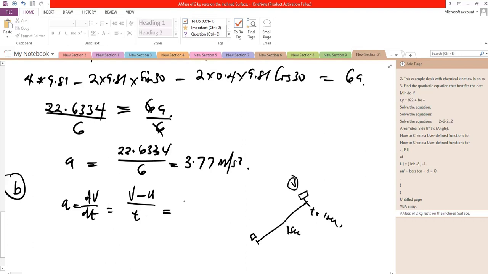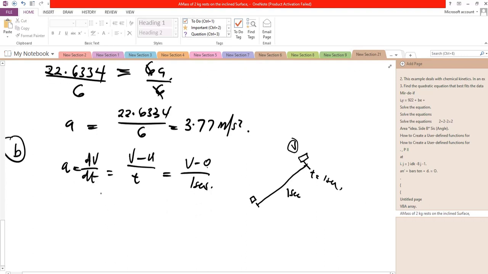The final velocity is what we're looking for. It starts at time 0 with initial velocity 0. Now we know our acceleration.